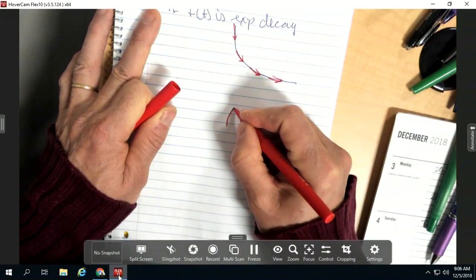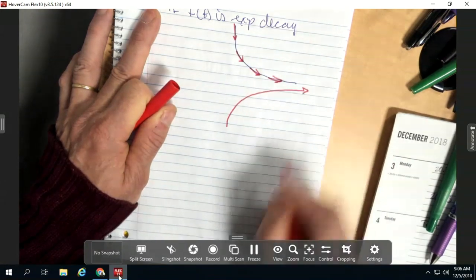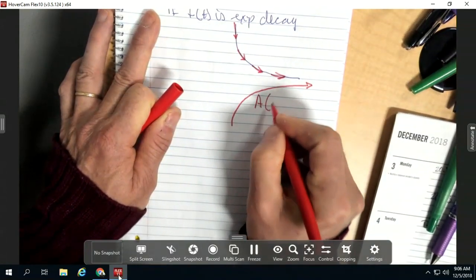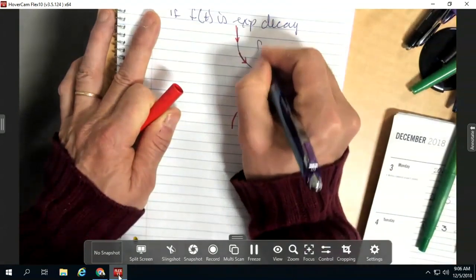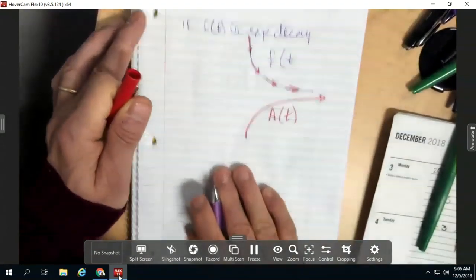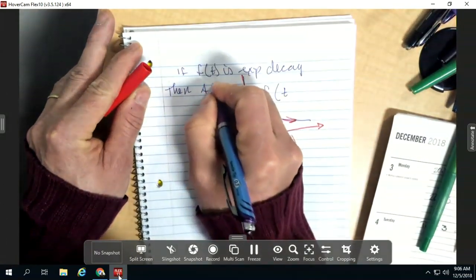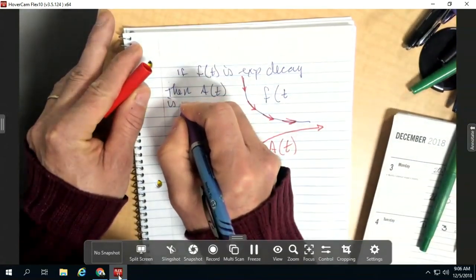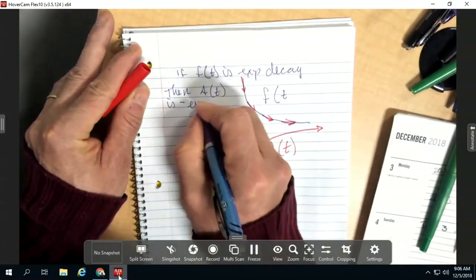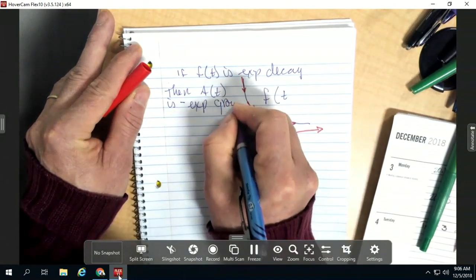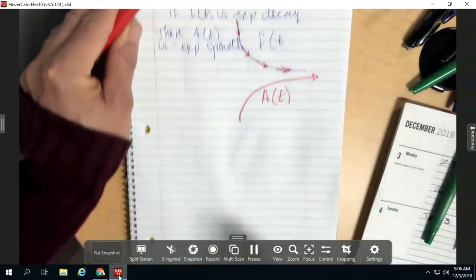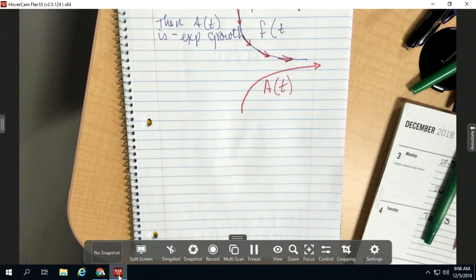So here is the a of t function if this is f of t. So if f of t is an exponential decay, then a of t is negative exponential growth. Now, what do I mean by negative exponential growth? It's growing, right? But it's always negative. So negative exponential growth.